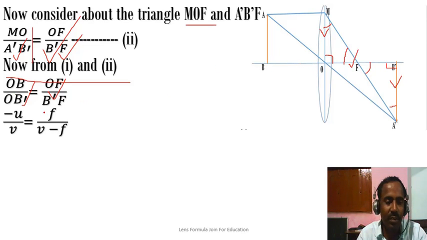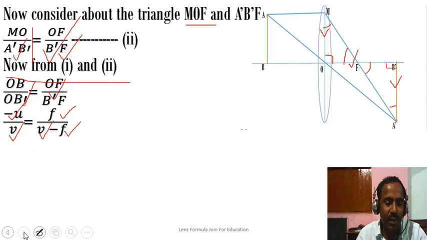This is the object distance, and OB dash is the image distance, which according to the coordinate sign convention will be V. OF is the focal length and it is equal to F, and B dash F equals OB dash minus OF. OB dash equals V and OF equals F, the focal length.